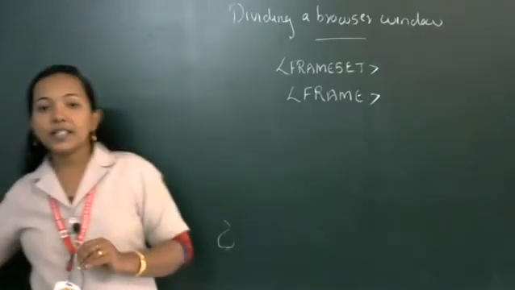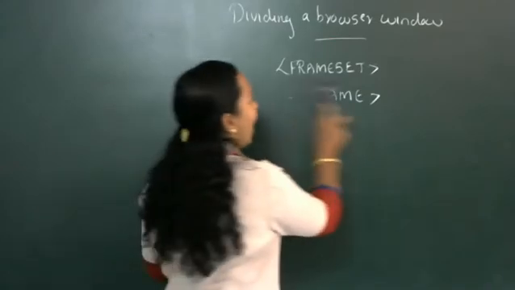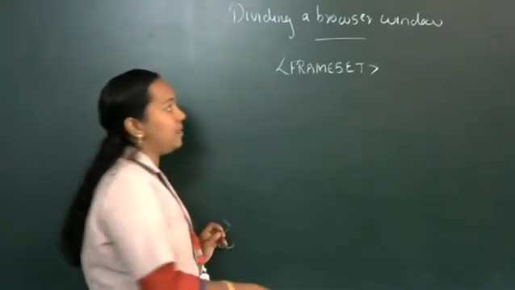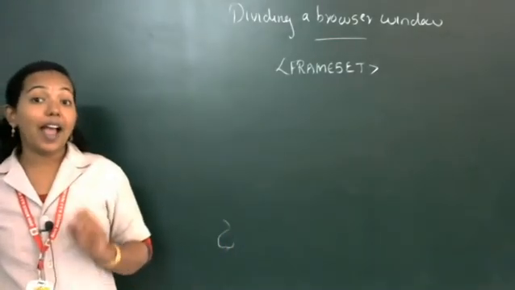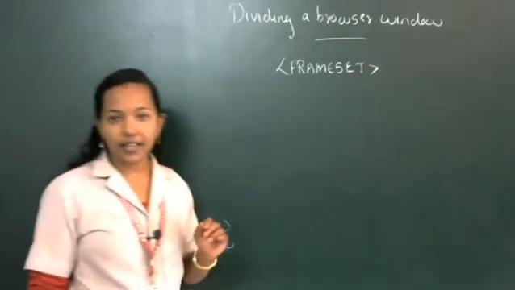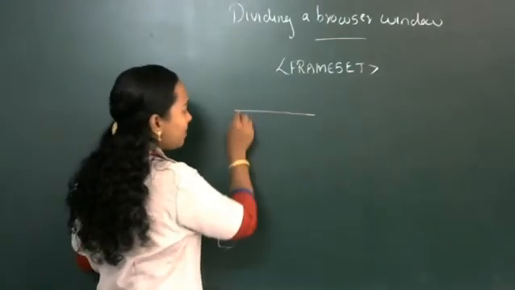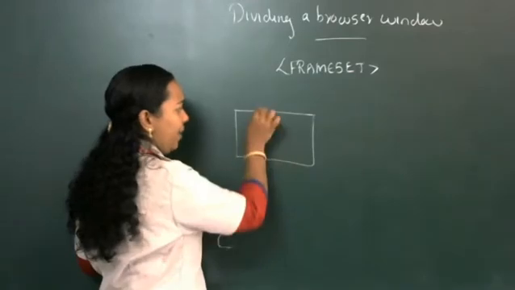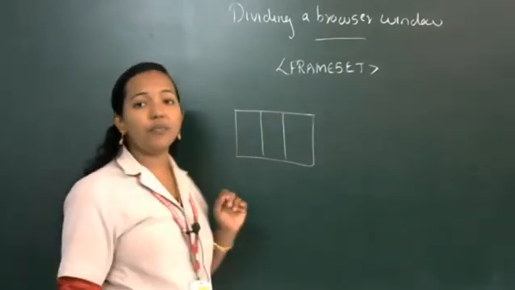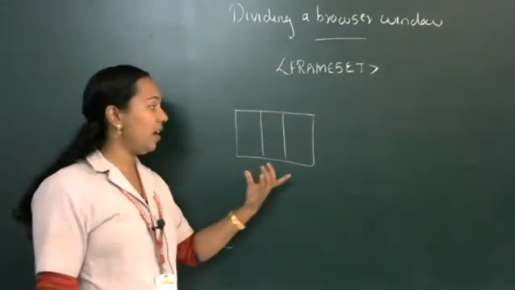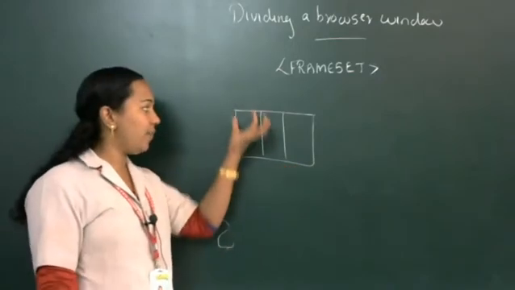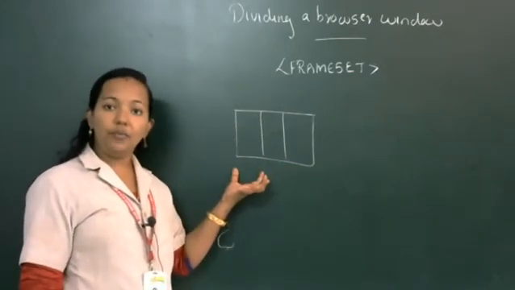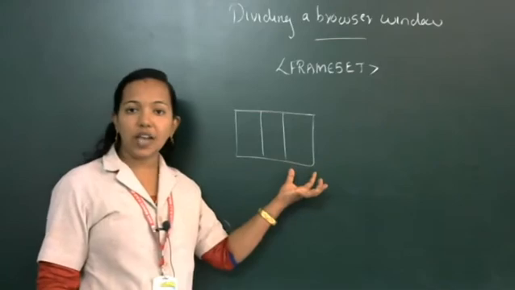Then first we will discuss the different attributes of the frameset tag. For example, when we are dividing a web page in a column wise manner, the first frame is used for the first web page, then the second web page and third web page.